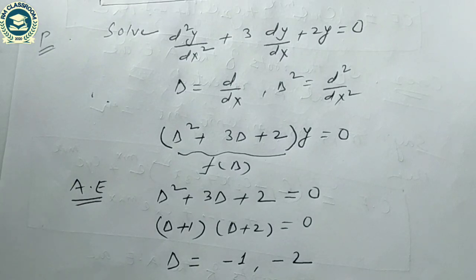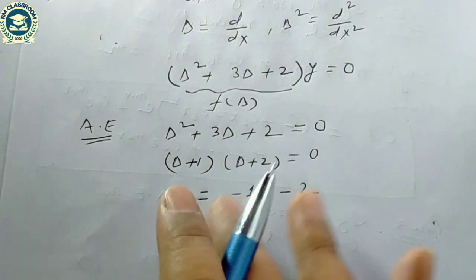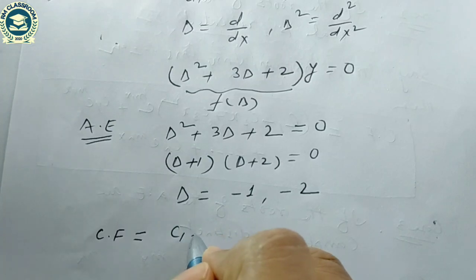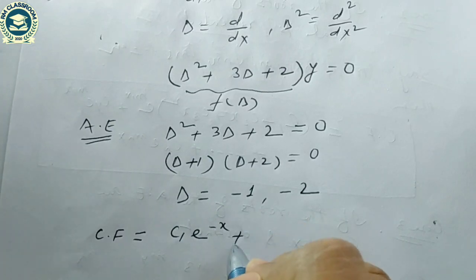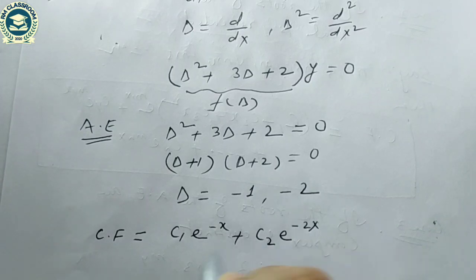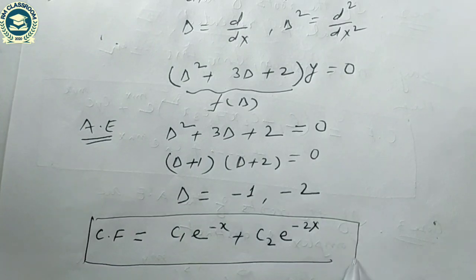So it lies in the first case, our roots are real and distinct. So the complementary function is equal to c1 e to the power minus x plus c2 e to the power minus 2x. This is our complementary function.